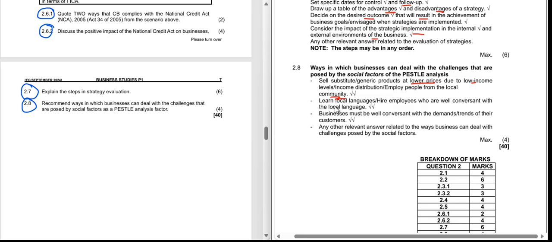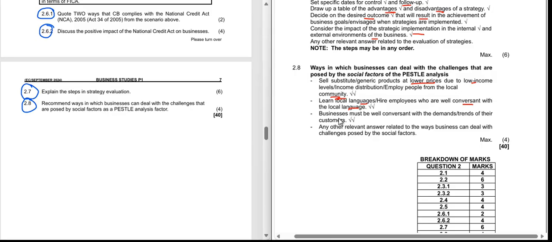Learn local languages, because they could be a problem if people don't understand, the issue that I've mentioned of language barrier. So employ local people who can understand the local language, or hire employees who are well conversant with the local language, who understand the language in that area that you want to open a business.